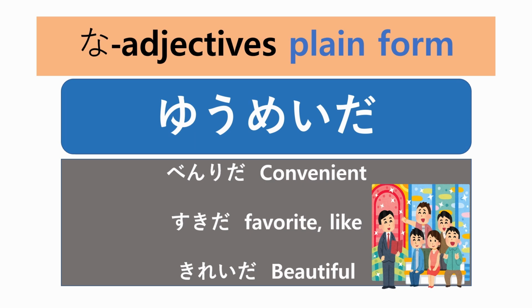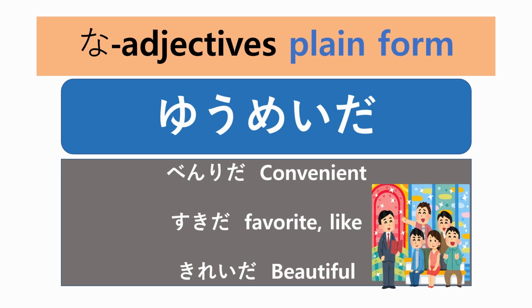First, we will start by learning their basic form. For example, 有名だ。有名だ means famous. As you can see, it ends with the syllable だ. So, na-adjectives usually end with the syllable だ in their basic form. However, na-adjectives use na when they modify a noun, so please be careful about this case.